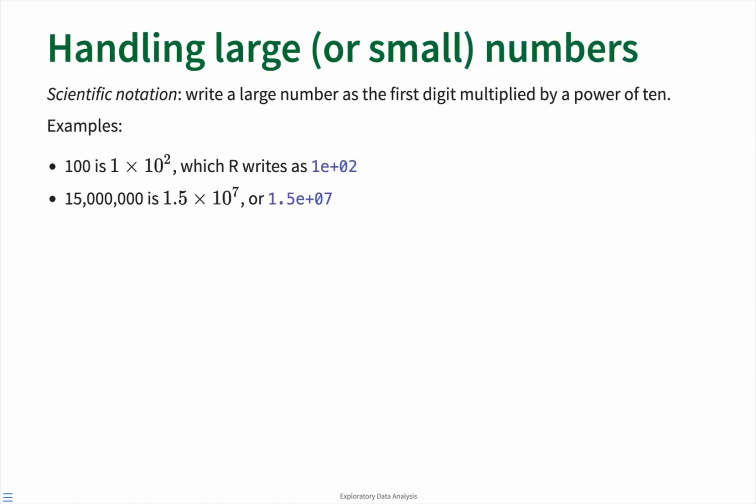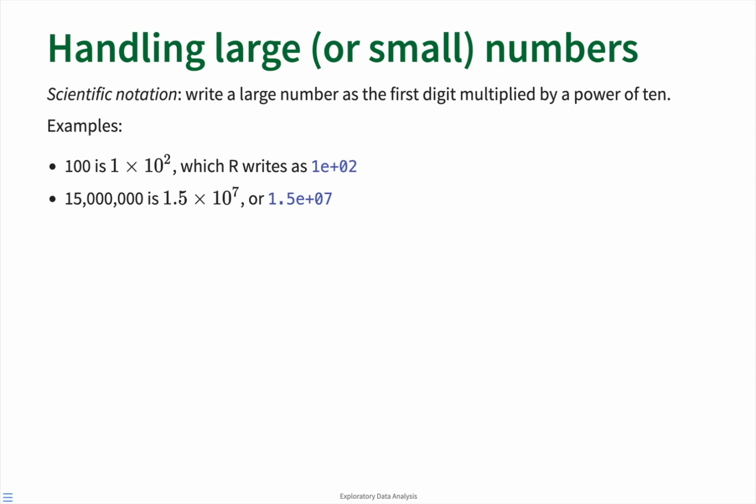One thing that we have to consider when publishing a scientific graph is the fact that we're often dealing with numbers that are very large or very small. If you have a number that has 20 digits, you probably don't want to print out that entire number. It would just take up far too much of the space available for your graph. So we use something called scientific notation to abbreviate long numbers.